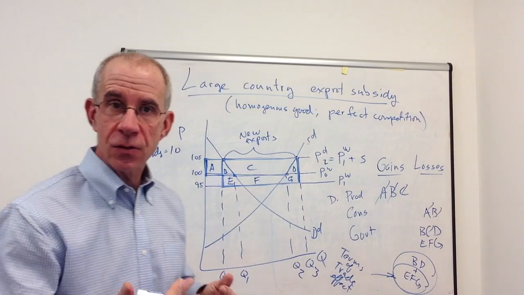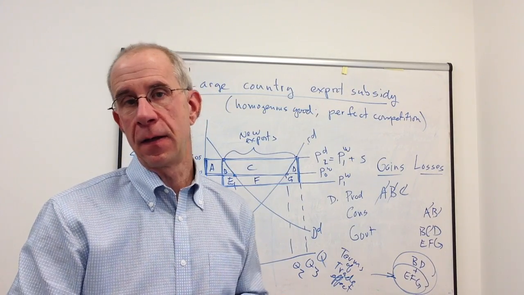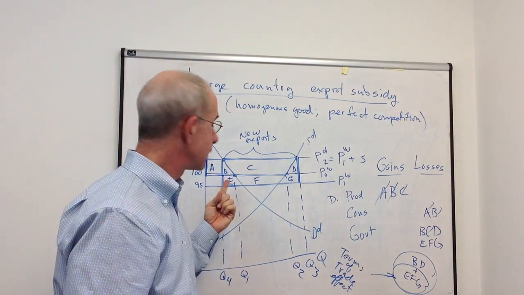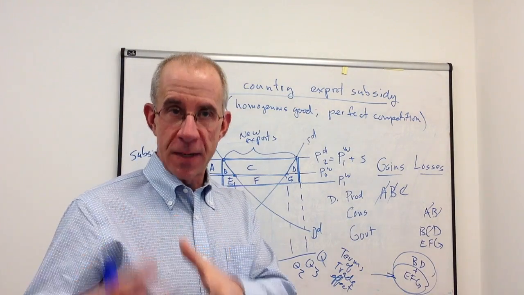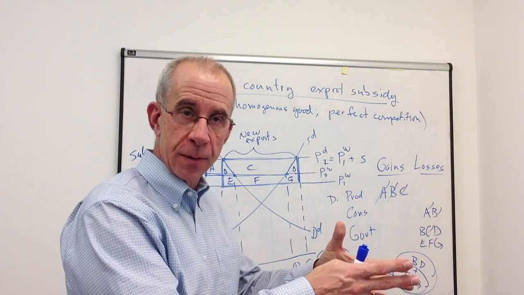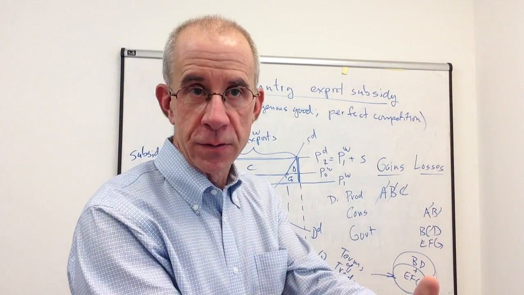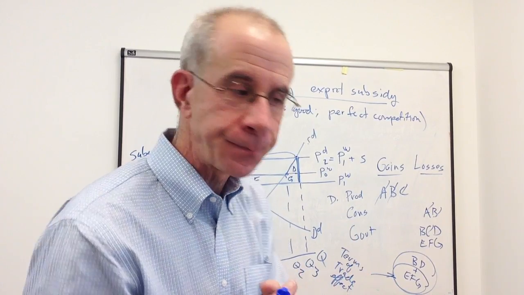And that is an extra cost to the government beyond any of the effects that you would have with the small country case. So this is essentially EFG, a transfer from domestic taxpayers to the government to foreigners who are now able to buy this product for a lower price.